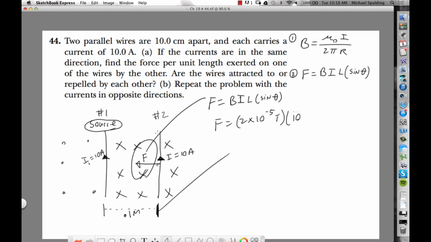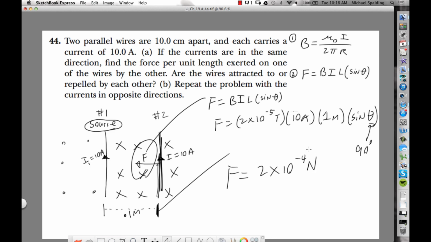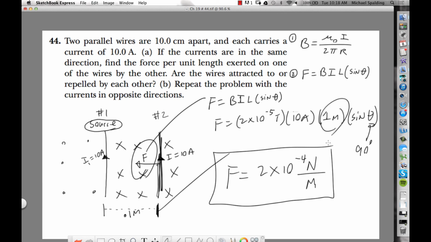The current in wire number 2 is 10 amps. And the length we said was 1 meter. And then what's the theta, the angle between the wire and the magnetic field? 90. Sine of 90 is 1. So this comes out as 2 times 10 to the negative fourth newtons. But how long did we say the wire was? Meters. So this is force per length. It's that much force per meter of wire. And that'll be the answer to part A.